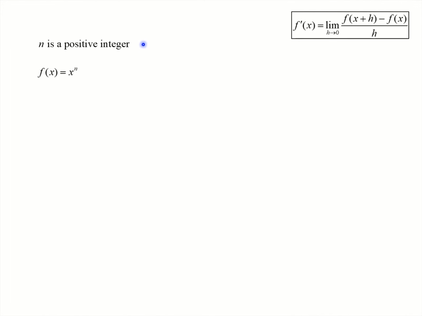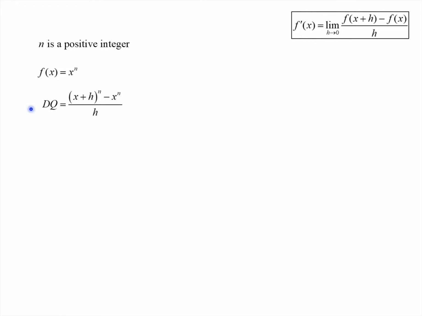So n is a positive integer, and we have x to the n. Okay, so this is going to be very theoretical for some of you. I'm going to go to the nth row of Pascal's triangle. Oh, well, before I do that, let's write dq. And then this is from the nth row of Pascal's triangle. Now, you can verify this on your own if you want.